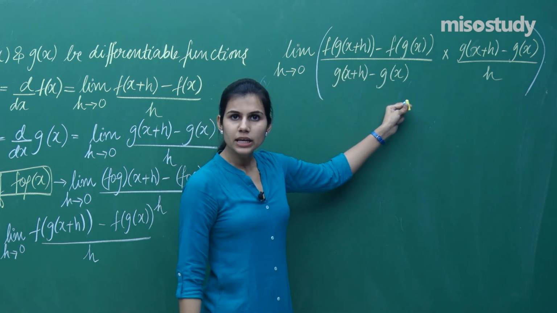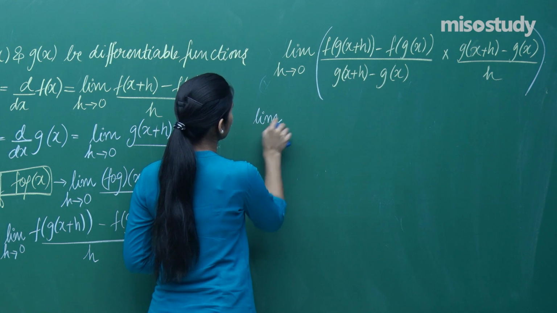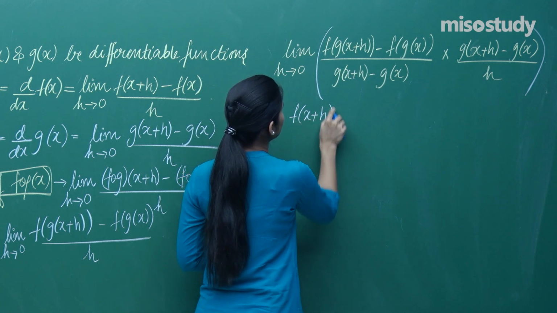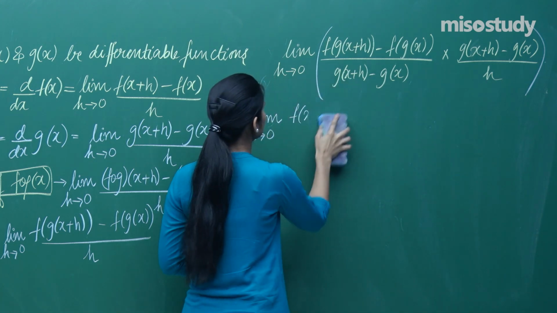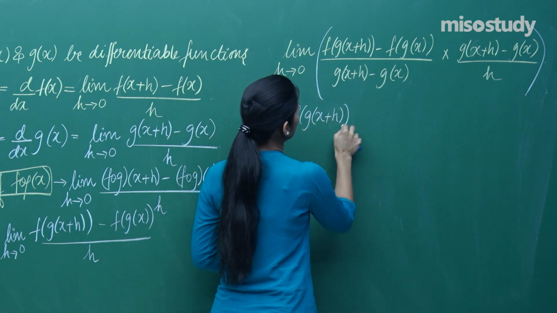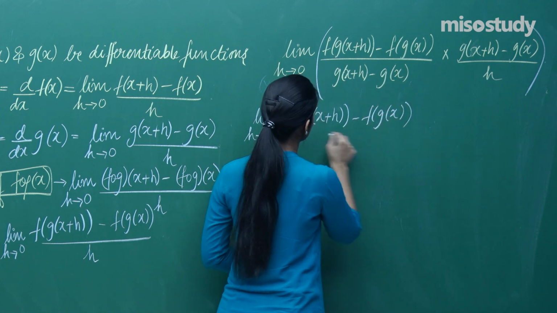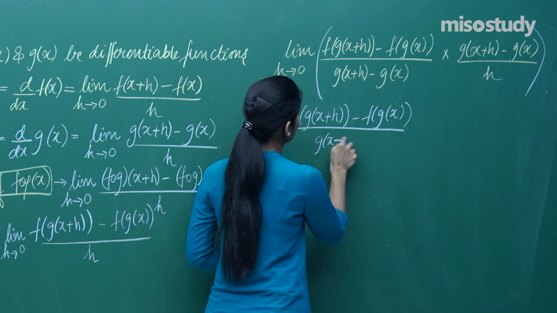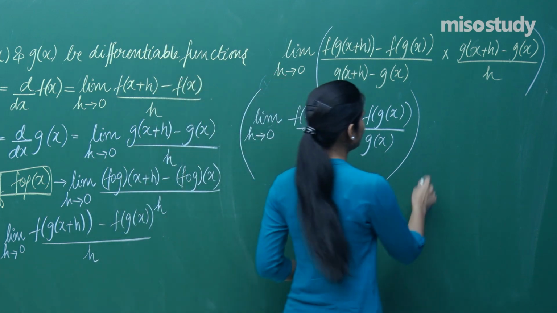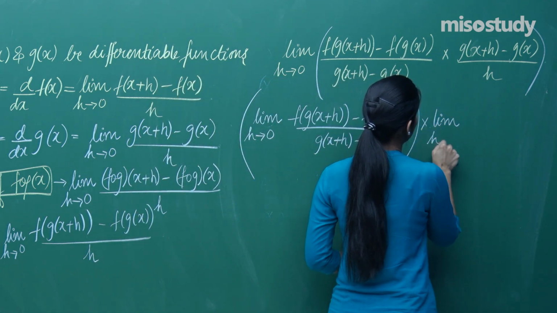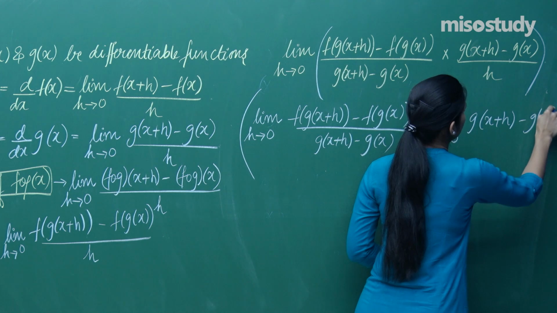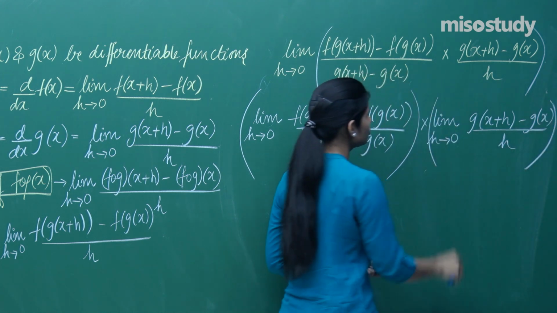Limit of the product is the product of the limits. So I can write this as limit h tends to 0, f of g of x plus h minus f of g of x whole upon g of x plus h minus g of x, fine, multiplied by limit h tends to 0, g of x plus h minus g of x whole upon h.